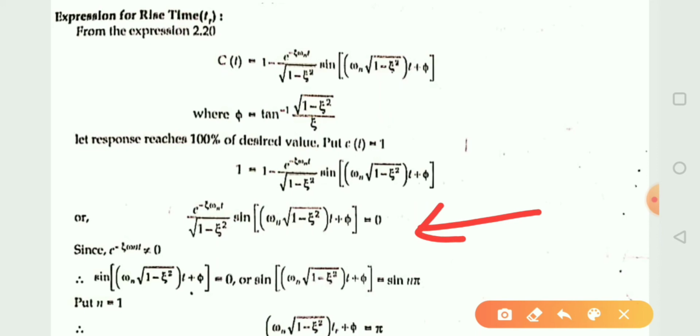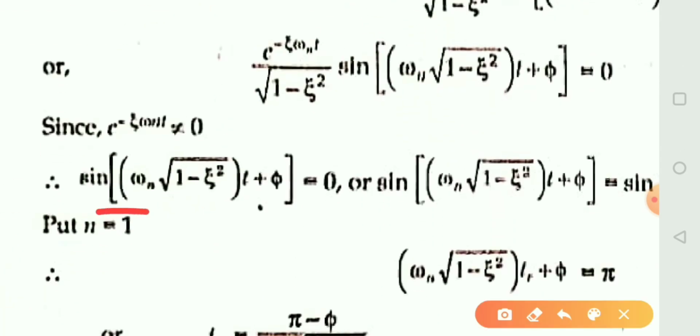Now e to the power minus zeta omega n t can't be 0, so the other factor must be 0. Now the value is sin(omega n under root of 1 minus zeta square into t plus phi) equal to 0.